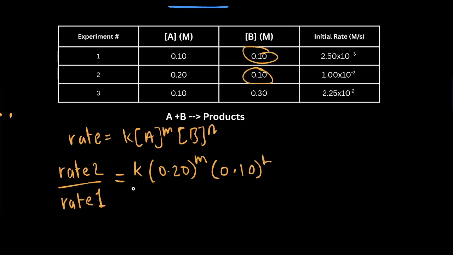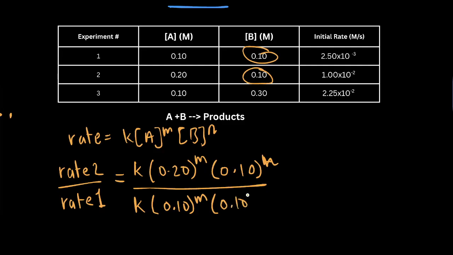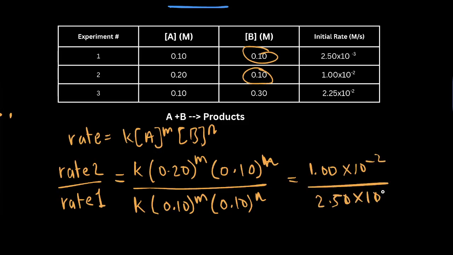And we can then divide by the rate law of 1, where k is again the same. In this first one, we're going to have 0.1 to the m times 0.1 to the n. And again, we're given the values of rate 2 and rate 1, so that would just be 1 times 10 to the negative 2 divided by 2.5 times 10 to the negative 3.